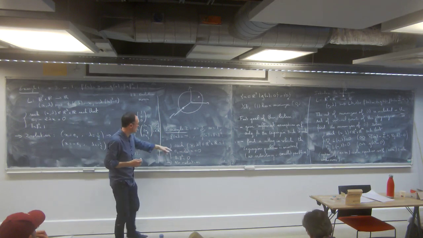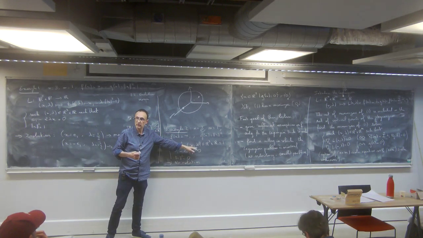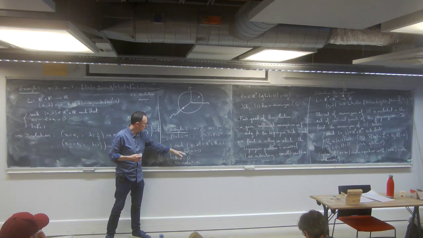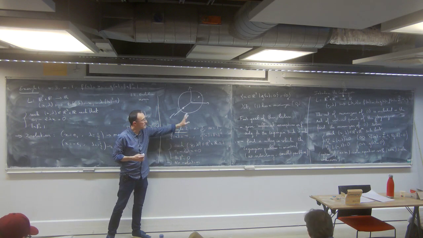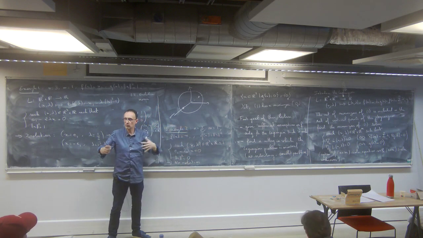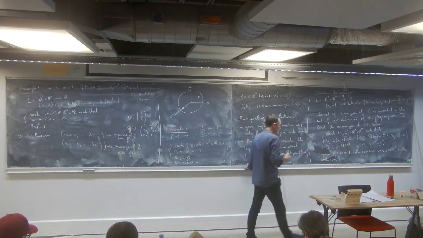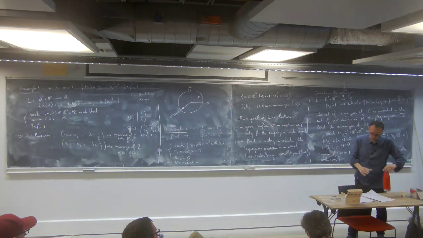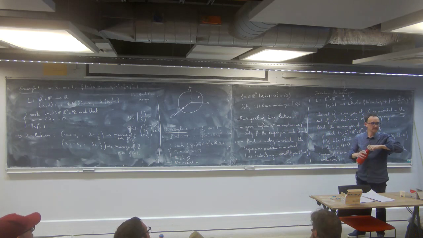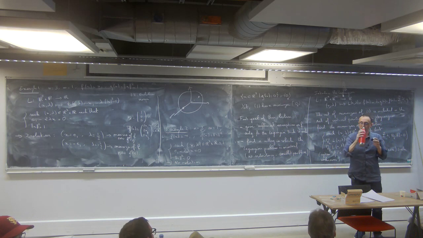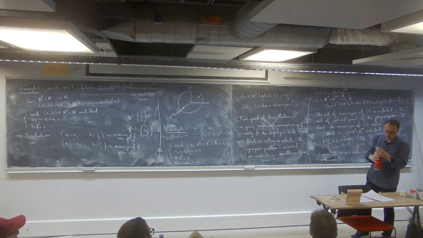Yes, but in the limit, lambda goes to infinity. But this is a very basic example. We can cook up more. Okay, so any questions so far? Okay, thank you.